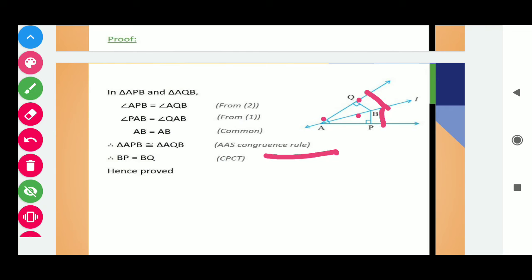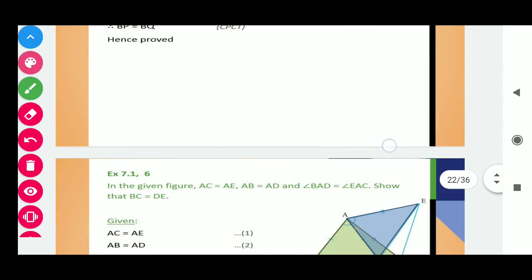Students, if these two triangles are congruent, then all the angles and all the corresponding sides must be the same, equal in length and equal in all respects. So in this way we have BP is equal to BQ by CPCT. CPCT means corresponding parts of congruent triangles must be equal. So hence proved the required result.